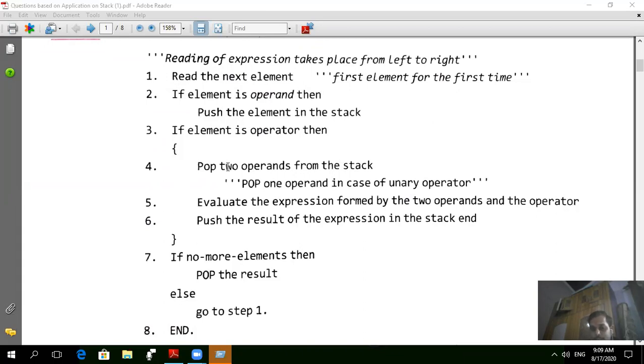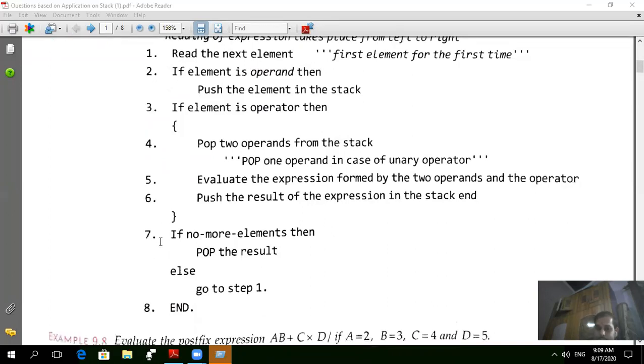Maybe the operator is binary or maybe the operator is unary. If the operator is binary, then you pop two operands. Otherwise, you pop one operand. Then after popping, step number 5, evaluate the expression formed by the operands and operator. And the sixth step, after evaluating, whatever result you get, you push onto the stack.